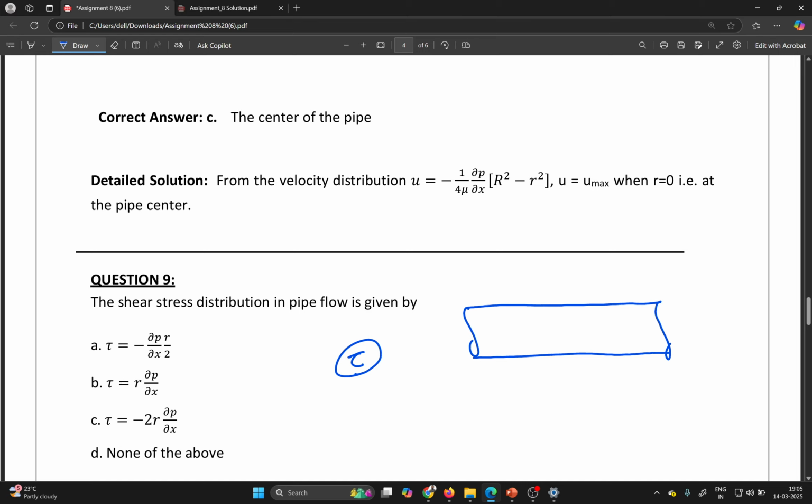Option A: tau is equal to minus pressure gradient times r by 2. Option B: tau is equal to R del P by del X. Option C: tau is equal to minus 2R del P by del X. Option D: none of the above. Which option will be correct?